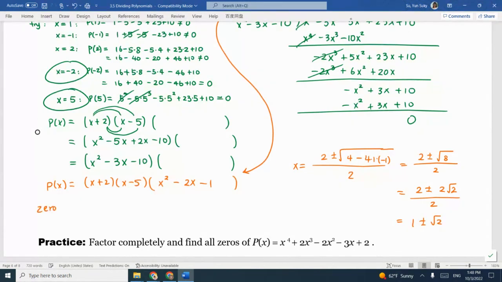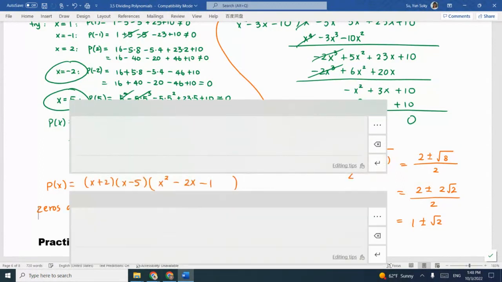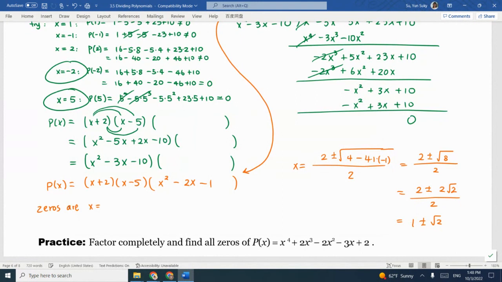So the zeros are, okay, here we have negative 2 and 5. And here we have 1 plus or minus square root of 2. So this is a degree 4 polynomial. And it has 4 zeros.